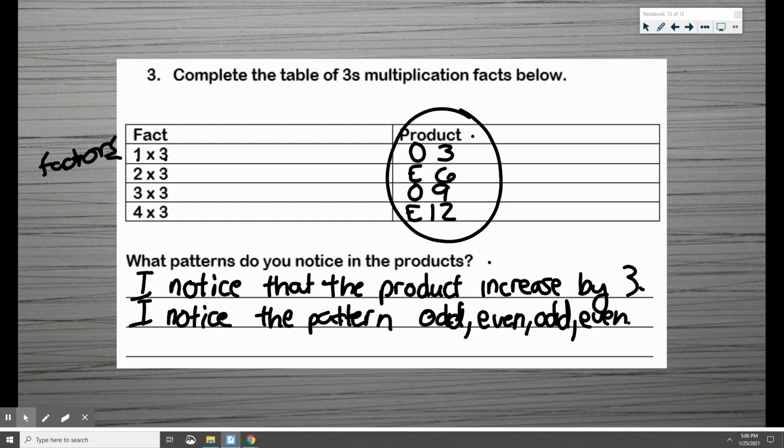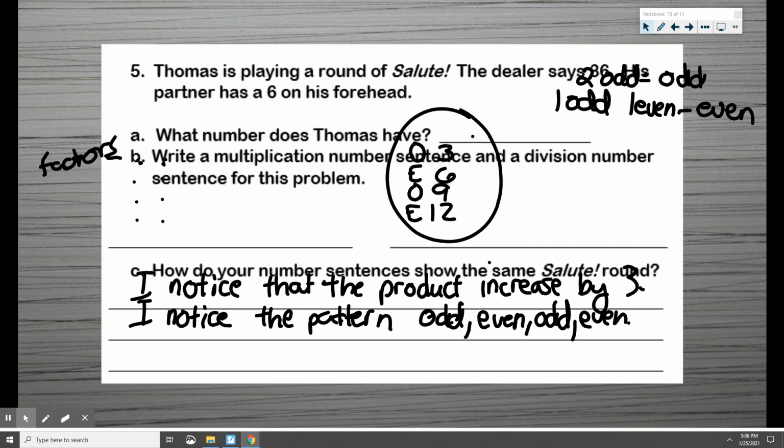And we learned that it goes odd, even because 2 odd factors make odd, and then 1 odd, 1 even make an even number. So every time I multiply, 1 times 3 is odd, and 3 is odd always. So you always have this even, odd pattern.